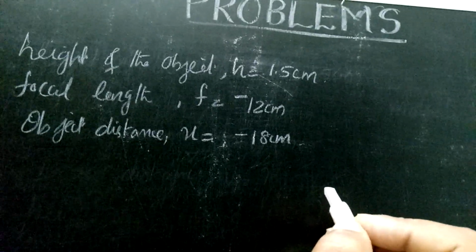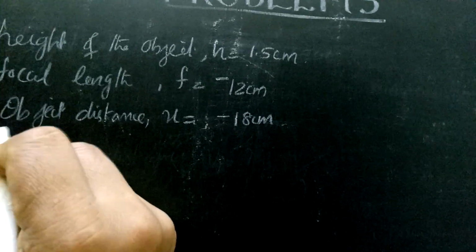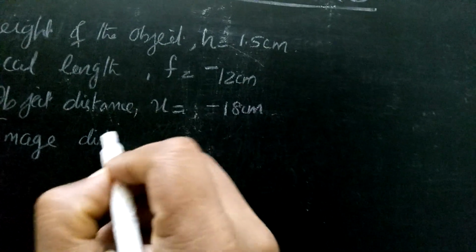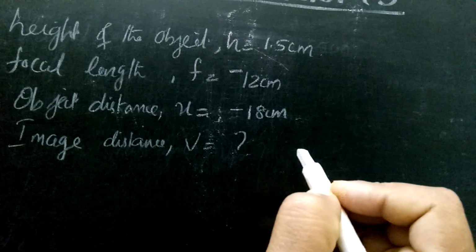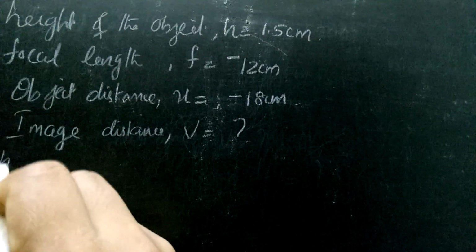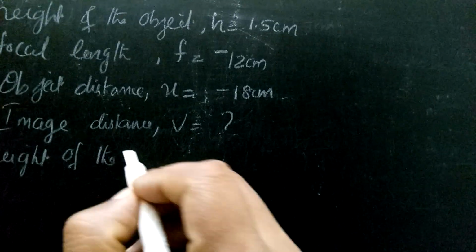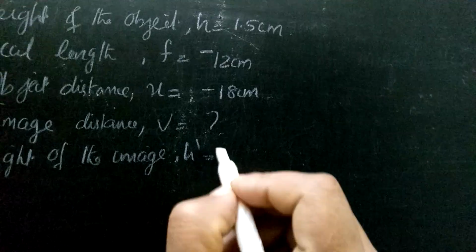Distance of the image from the mirror means image distance. Image distance v is equal to question mark. Then length of the image means height of the image. H dash is equal to question mark.